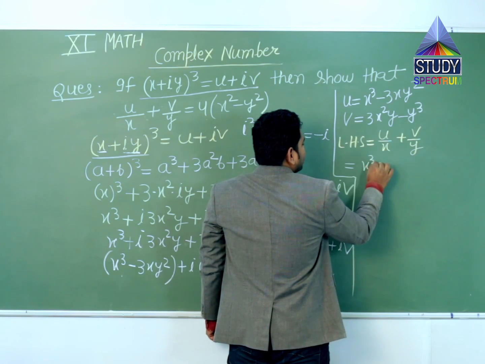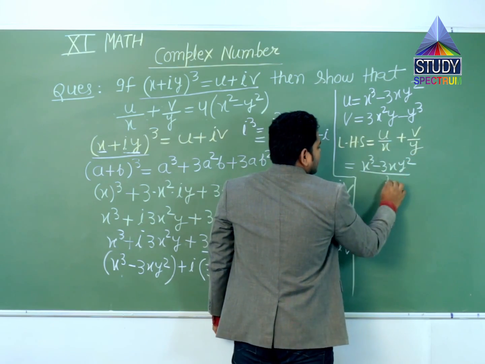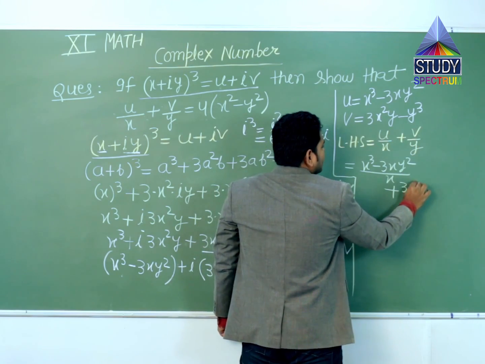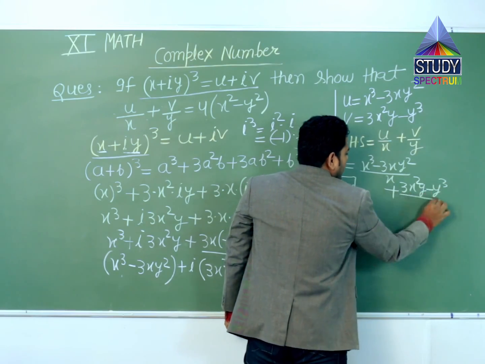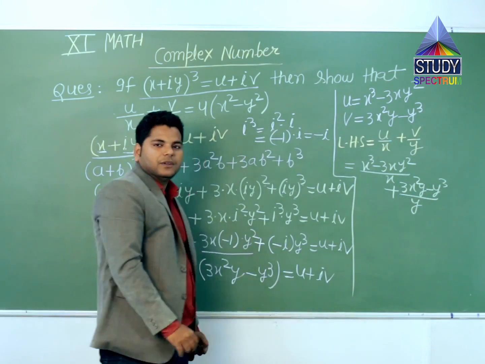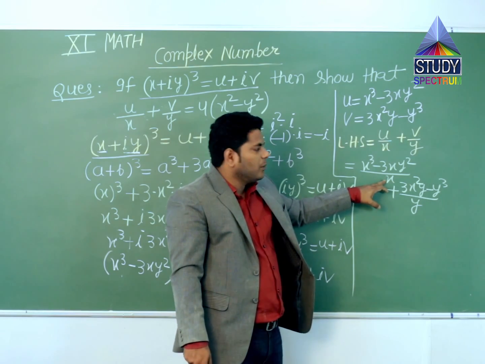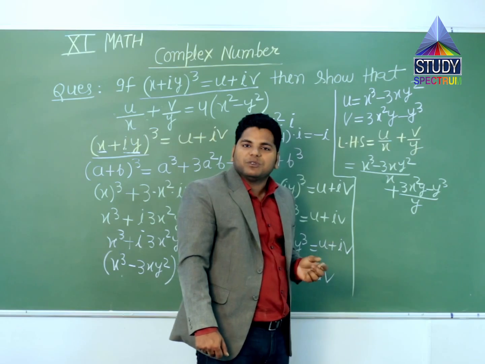x cube minus 3xy square upon x plus v is 3x square y minus y cube upon y. Okay, here x is in the denominator, and if you observe, we can take x common from the numerator.